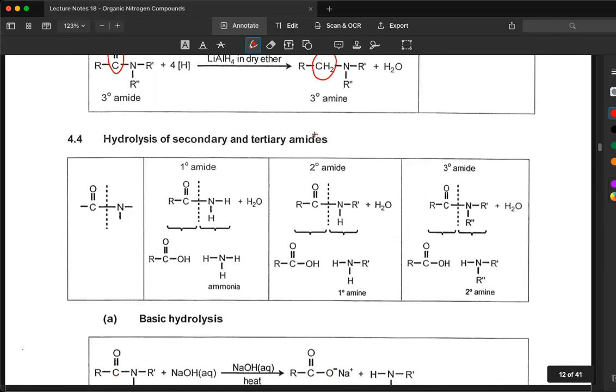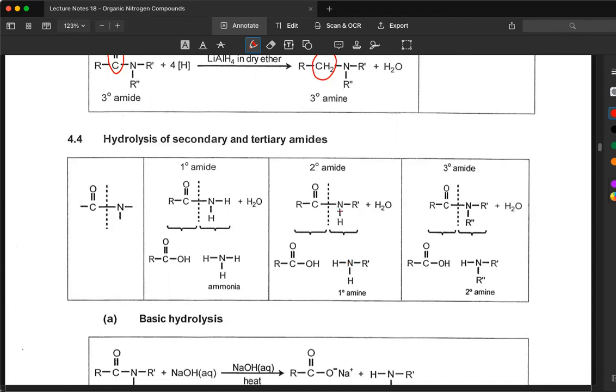Okay. Other methods include hydrolysis of secondary and tertiary amides. We can't produce amine from hydrolysis of primary amide. It will form ammonia instead.